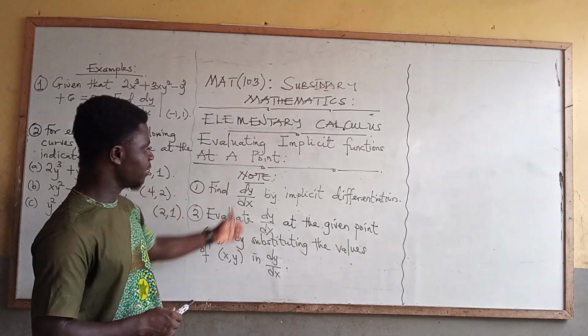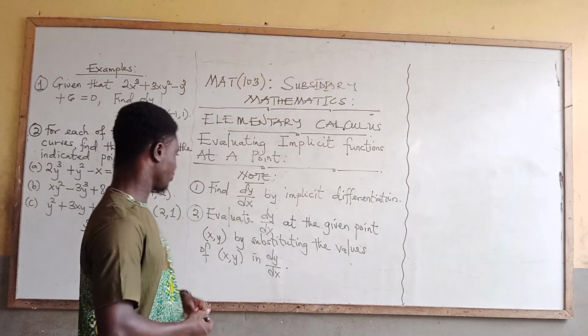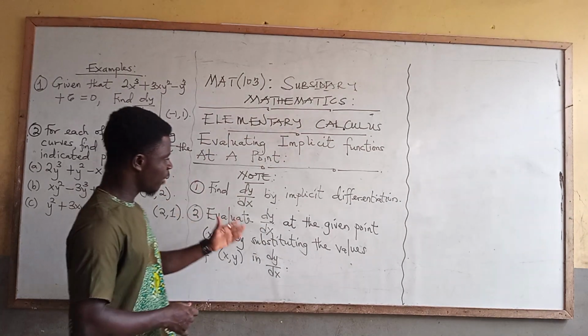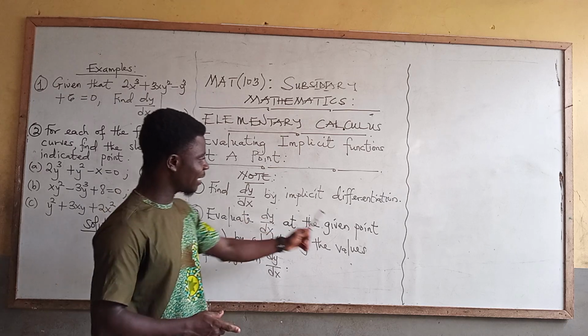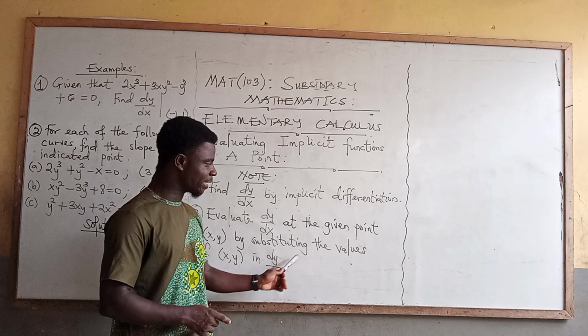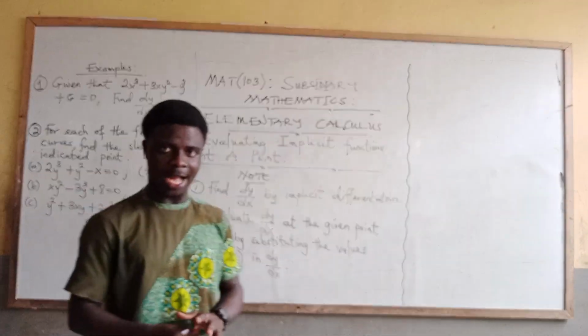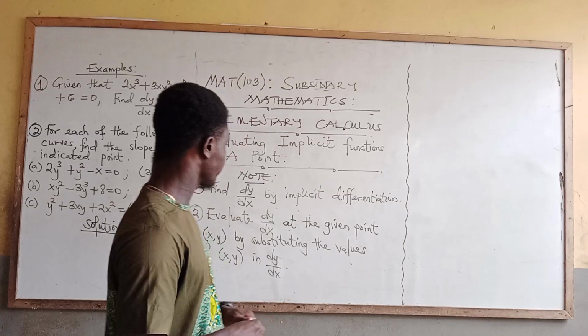Step 1, find dy/dx by implicit differentiation. Then step 2, evaluate dy/dx at a given point (x, y) by substituting the values of x and y in dy/dx.